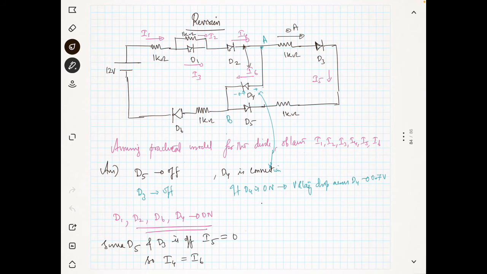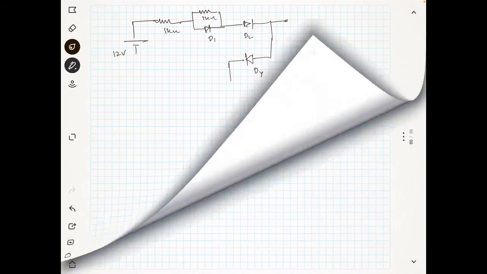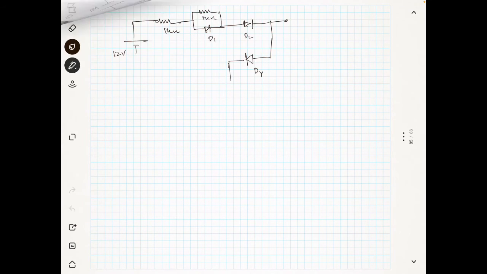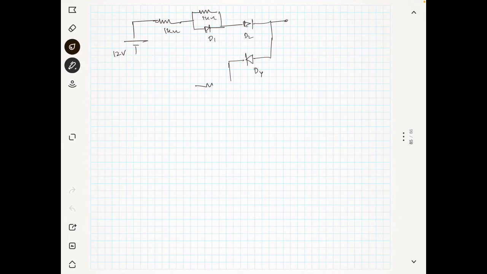Then you have D4. This is open circuit because there is no current here, I told you. Next, 1 kilo ohm and D6. So this is D6.